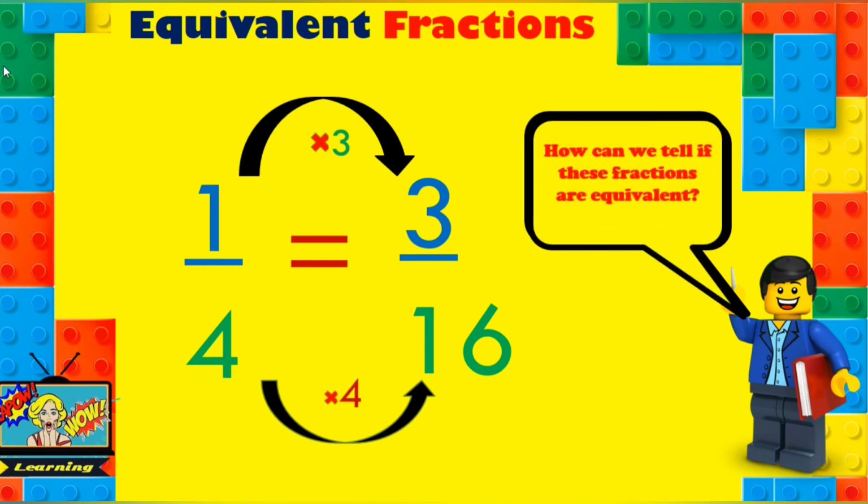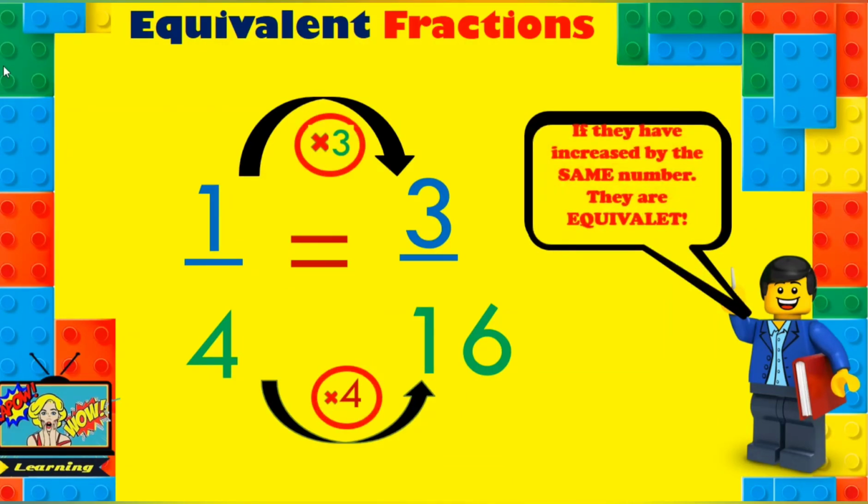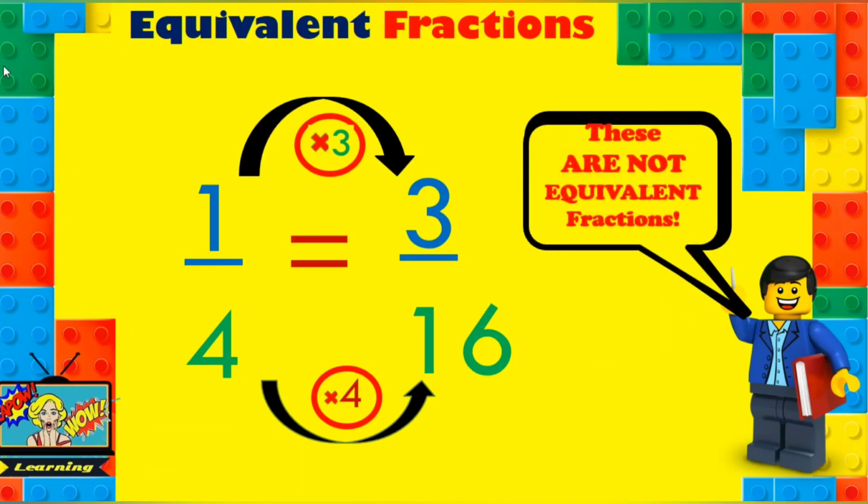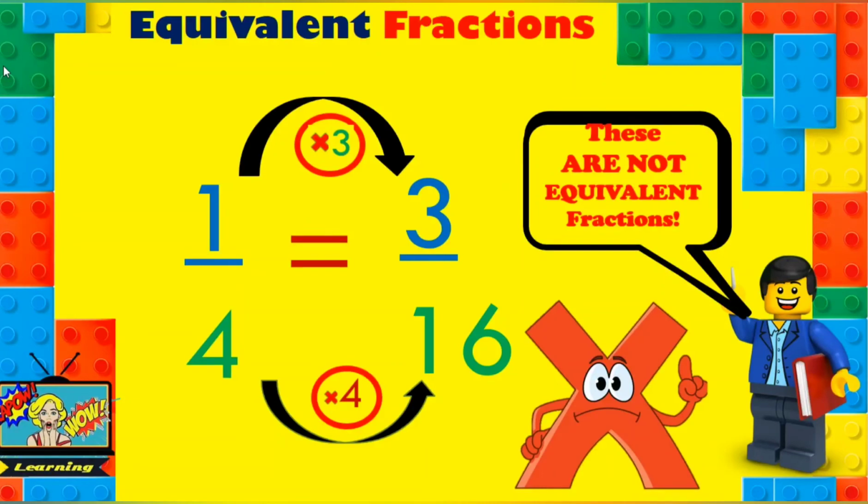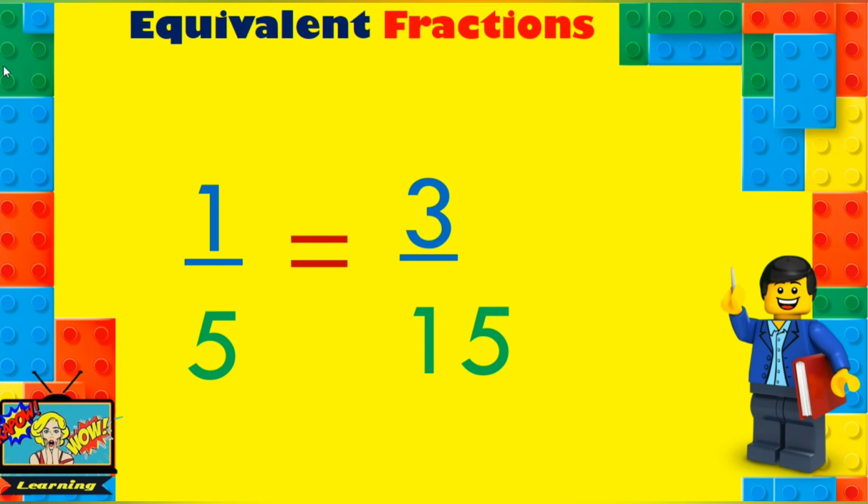Now remember, how can we tell if these fractions are equivalent? Right, if they have increased by the same number, they are equivalent. These are not equivalent fractions because the numerator has increased by 3 and the denominator has increased by 4. These are not the same, they are not equal or equivalent.